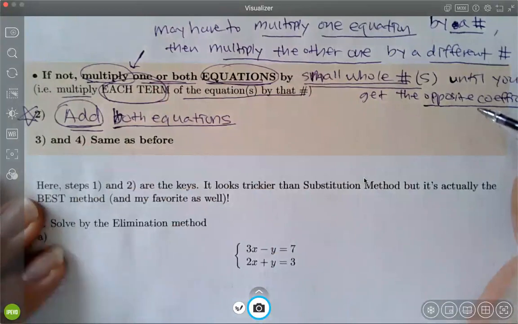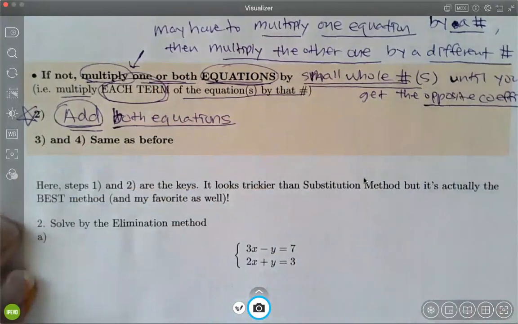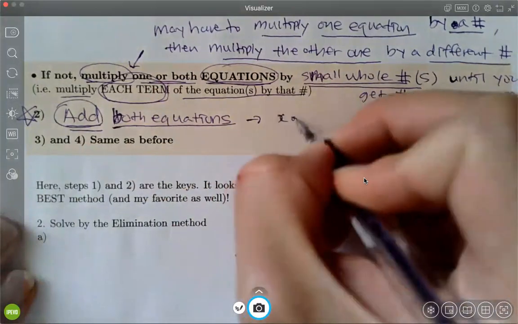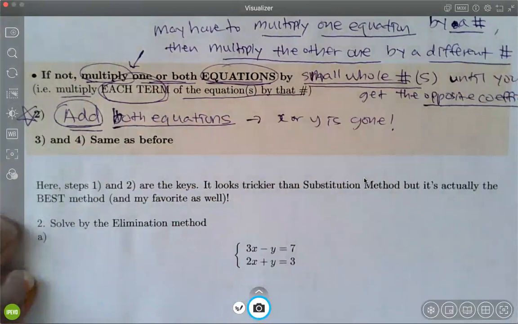And after you apply step number 2, you will be able to eliminate x or y. So after step number 2, x or y is gone, and you're down to just one variable, which means what? Step number 3, solve for that remaining variable, and then step number 4, plug that number into whichever is the easier equation.